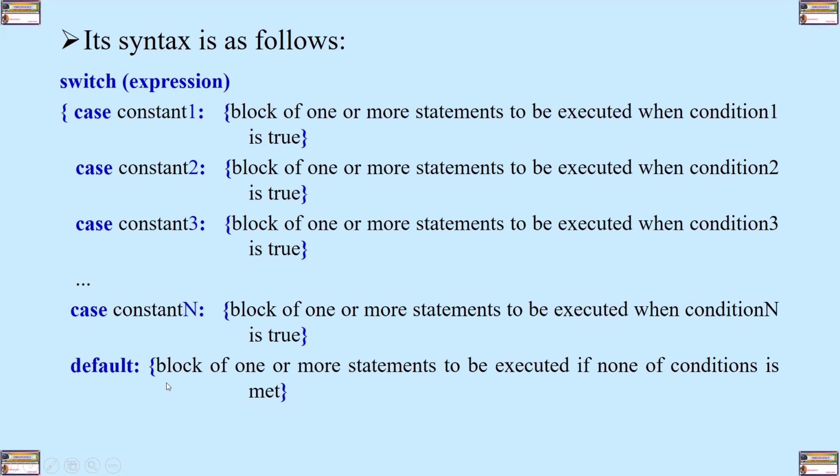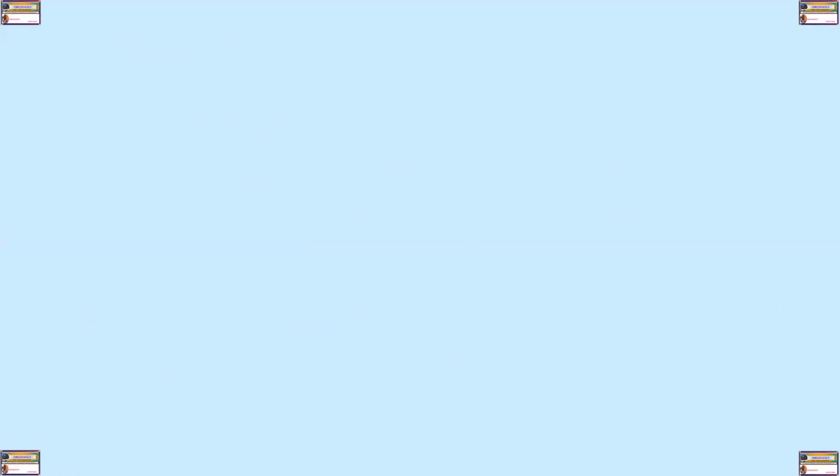So the default section contains a block of statements to be executed if none of the conditions are met. It is like the last else for nested if. And then end the switch. So that's how we write it.